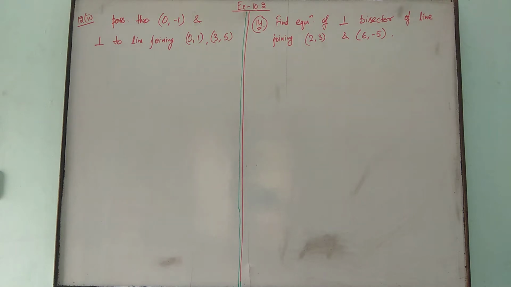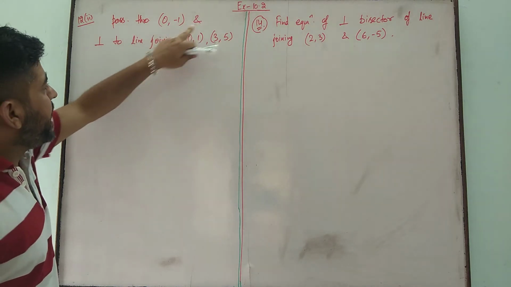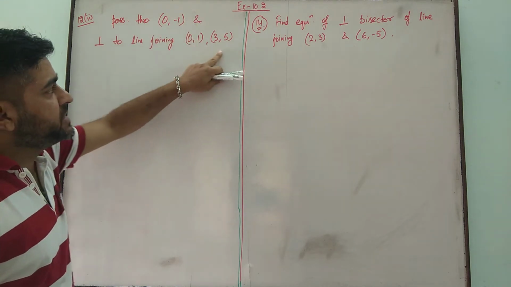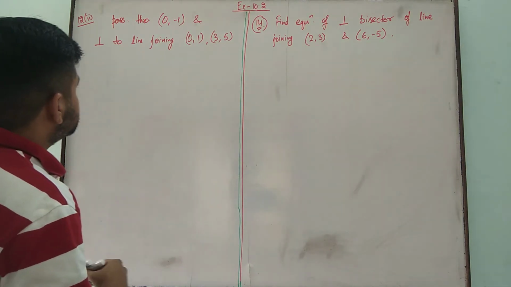So question number 12, we have second part. Find the equation of a line which passes through (0, -1) and is perpendicular to the line joining these 2 points. I suggest you always draw the diagram first.